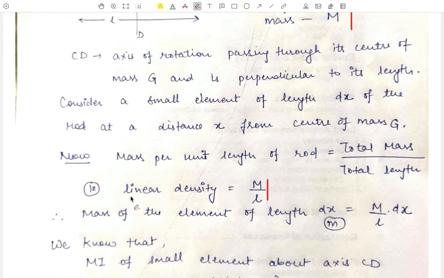Since we know the linear density of the rod, we can find the mass of the element of length dx, which is equal to m upon L into dx.